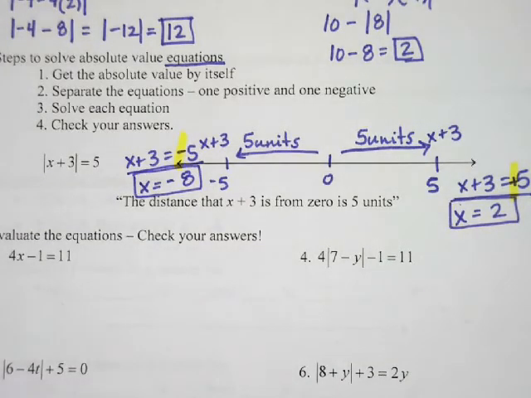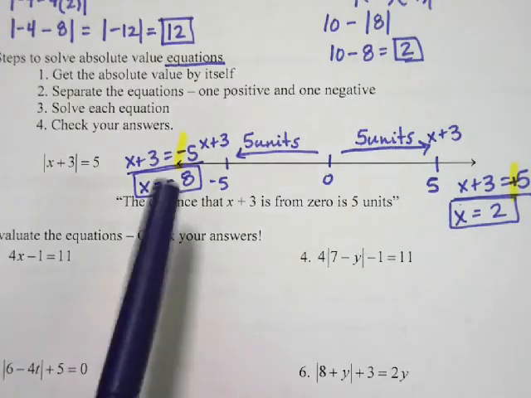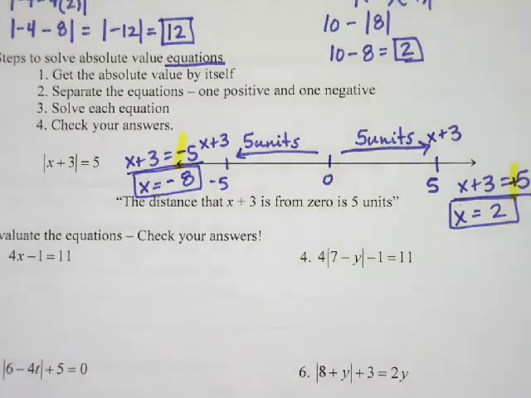Now, you should notice that those two are distinct numbers. It's a negative 8 and a positive 2. We didn't end up with just a plus or a minus 8, and we didn't end up with a plus and a minus 2. Do you see that? Usually, they are two distinct numbers. So, my two solutions are negative 8 and positive 2.